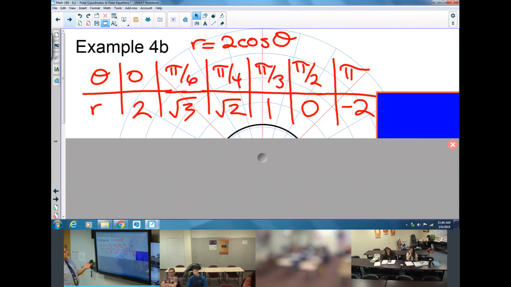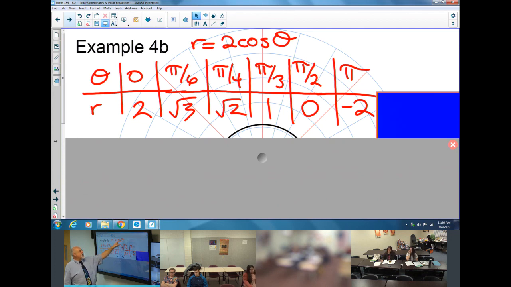So let's say we wanted 2 cosine theta. Because we're going to be doing these in the calculator, you want to be in radians. I usually do the graphs in radians too, but you could still have your angles in degrees if you want. So you're just plotting points. Pick your normal angles: 0, pi/6, pi/4, pi/3, pi/2, and pi.